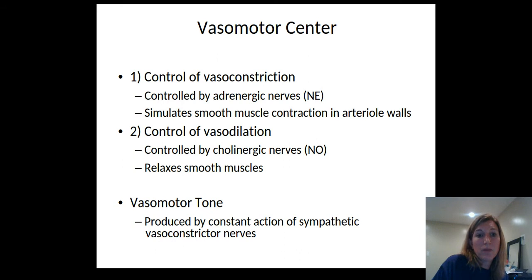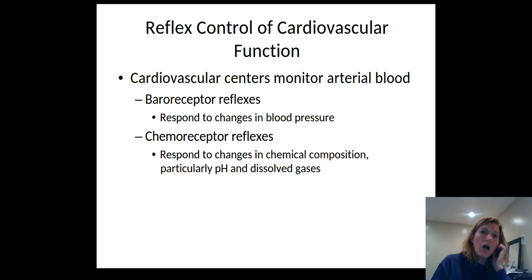So that creates what's called a vasomotor tone. It's this balance between the constrictors and dilators, allowing for your vessels to maintain a certain kind of rigidity to them. Again, the cardiovascular centers are going to monitor our arterial blood. There's baroreceptors and chemoreceptors. Baroreceptors respond to pressure.